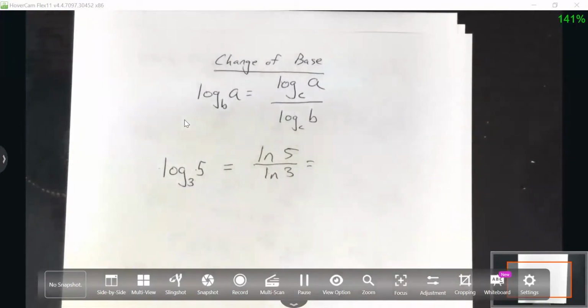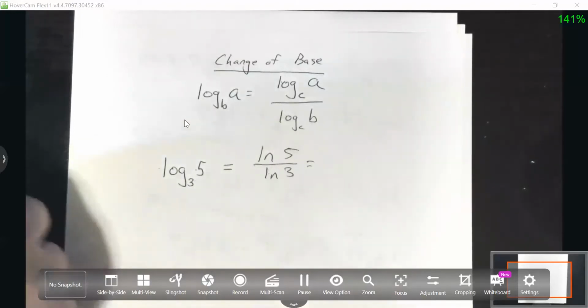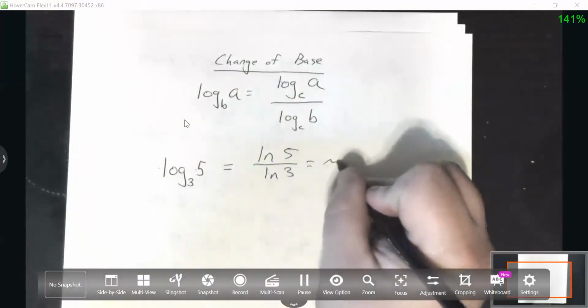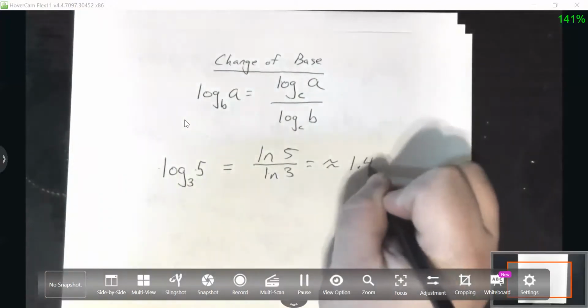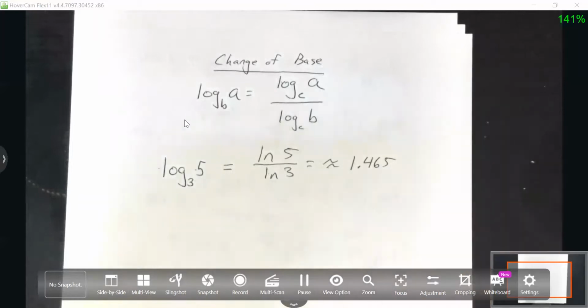So the ln of 5 divided by the ln of 3 means that this would be approximately equal to 1.465. Again, rounding in general to 3 decimal places.